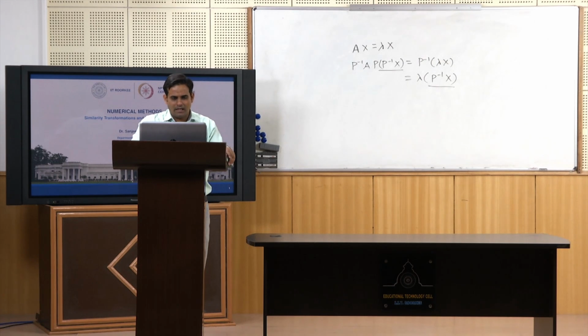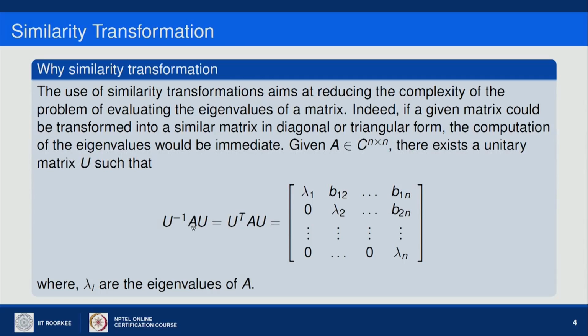For example, if A is any general matrix and U is a unitary matrix, we apply U inverse AU. As you know, a matrix U is said to be unitary if U inverse equals U conjugate transpose. So, I can replace U inverse by U transpose, and U transpose AU will become a triangular matrix.